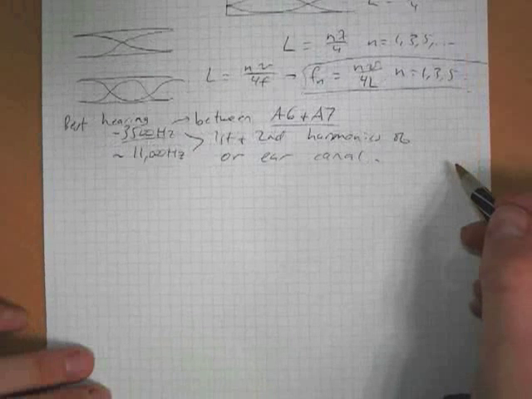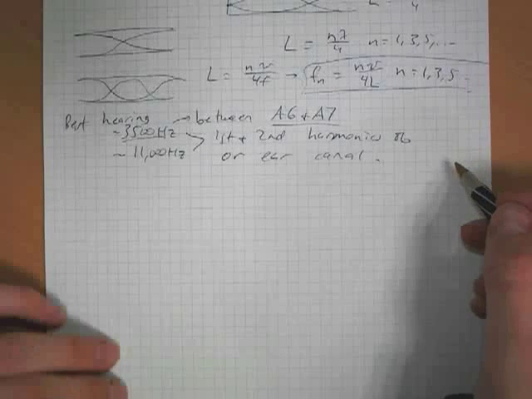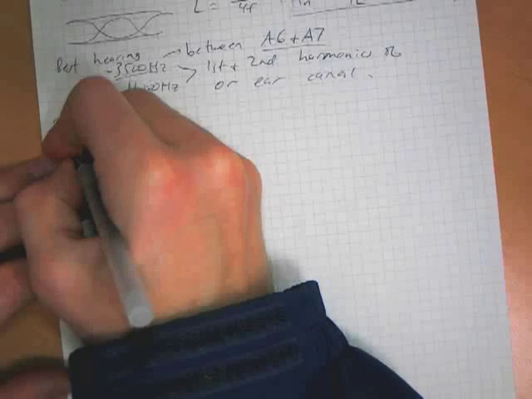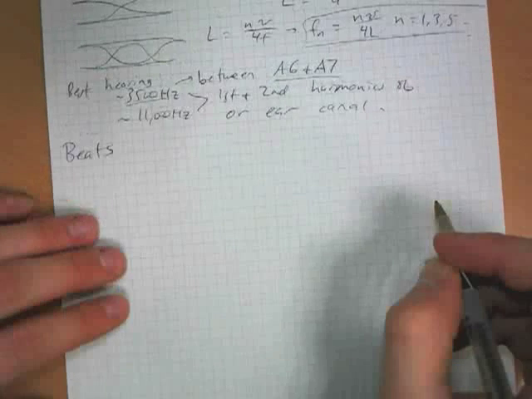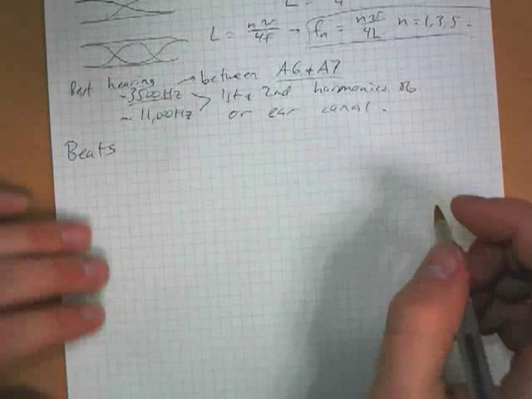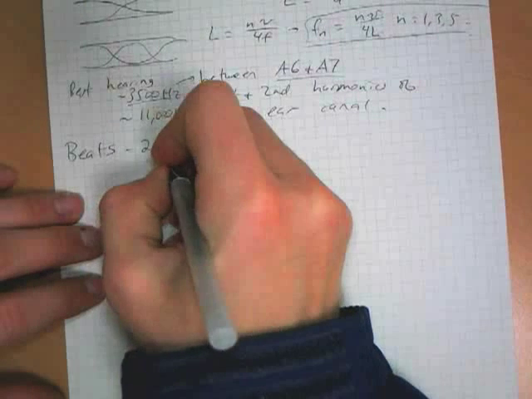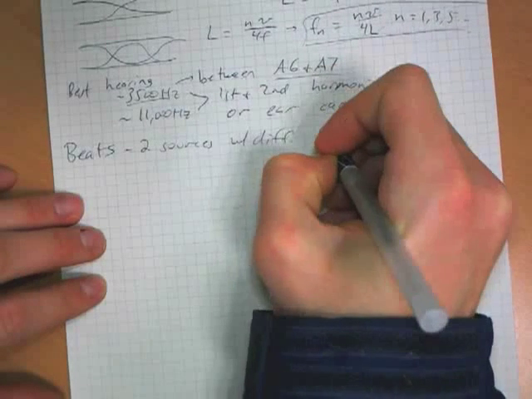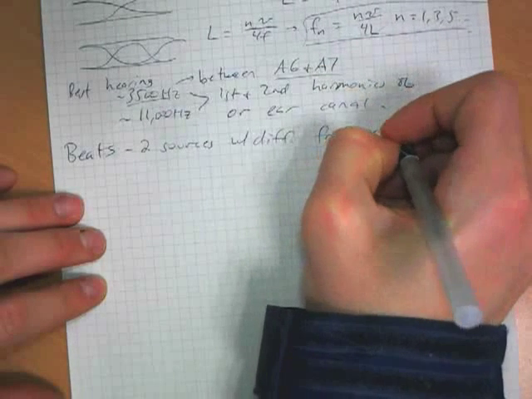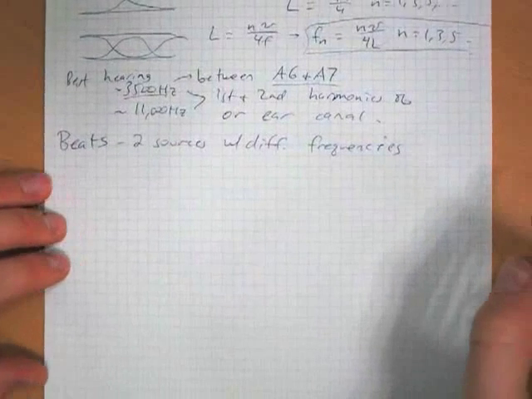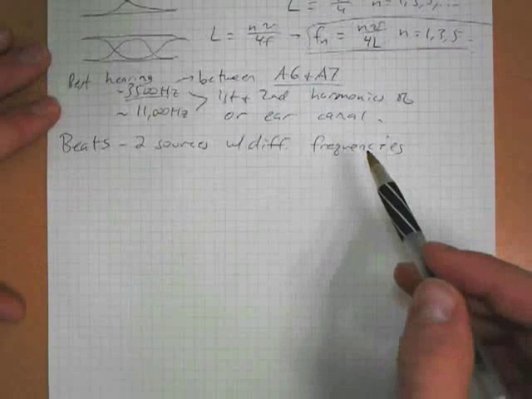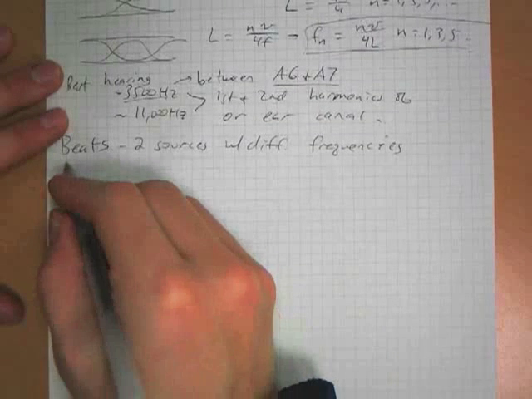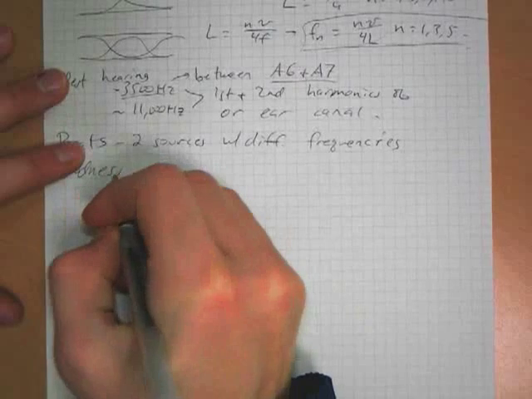Another phenomenon that has to do with interference, as I briefly mentioned before, is what are called beats. This is when we have two or more sources with different frequencies. Then you're creating multiple sine waves and cosine waves, and so the loudness kind of fluctuates.